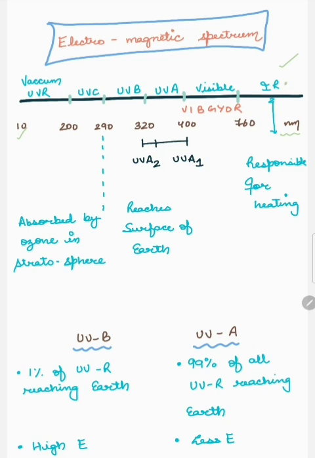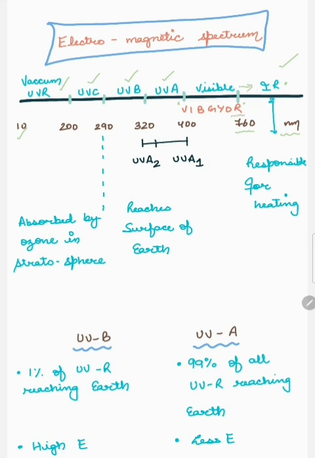From 10 to 200 nanometers, we have the vacuum UV radiation. Then from 200 to 290, we have UVC. 290 to 320, we have UVB. 320 to 400, we have UVA. Then we have the visible, which goes through VIBGYOR till 760, and then infrared, that is below red. This is red, and then we have infrared.